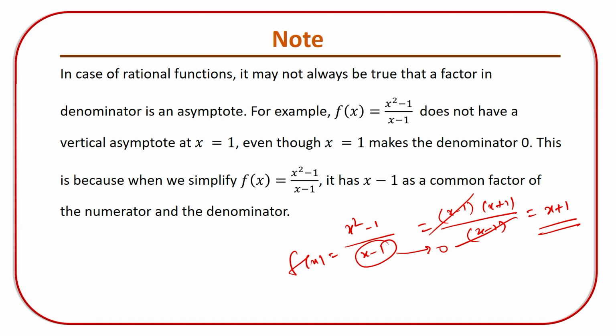So now, to make a denominator 0, the denominator is nothing, it is 1, right? That is why this function f(x) equal to x plus 1 does not have any asymptote.